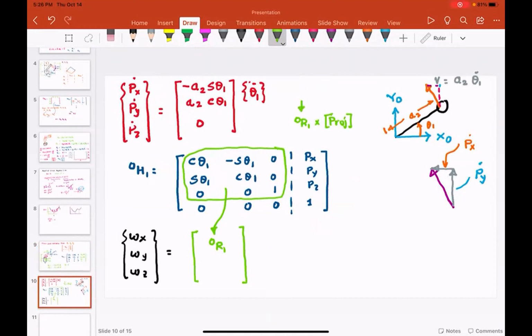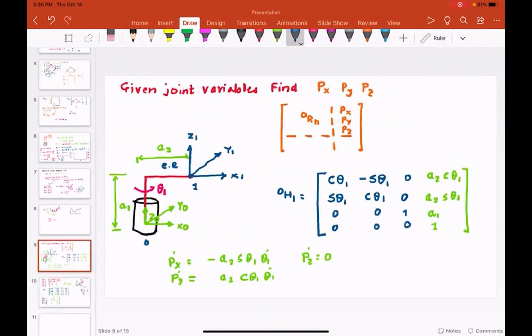But when you multiplied that by the projection matrix, I'm going to just call this R bar, not R dot, R bar. So this is the rotation transformation. Multiply that by the joint angular velocity. And this is very important.